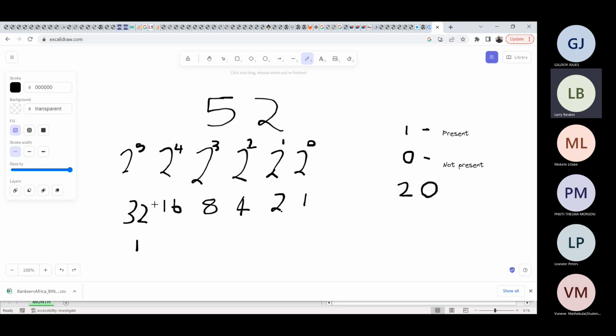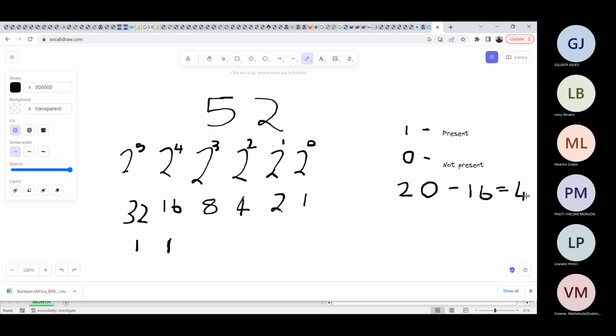Remember 52 was bigger than 32, so that's why we used it. So we need to use 16 because it's smaller than 20. We make it present, then say 20 minus 16. We will be left with a 4.